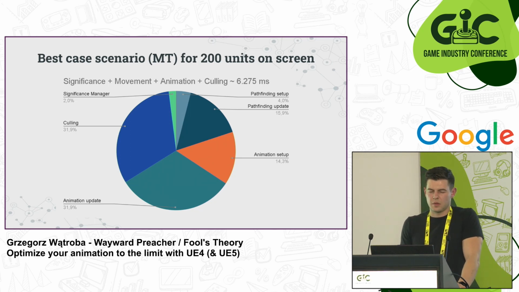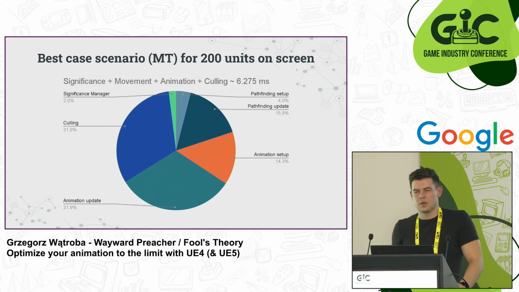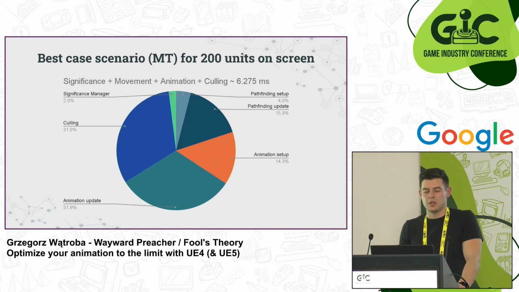So we probably should take a look there to see if we can do something more. Also, we need to work on animation update because we haven't polished everything we can do there. Of course, pathfinding should also be reduced, and we hope to achieve that soon.